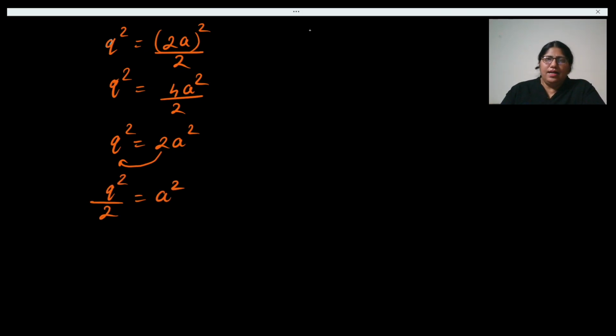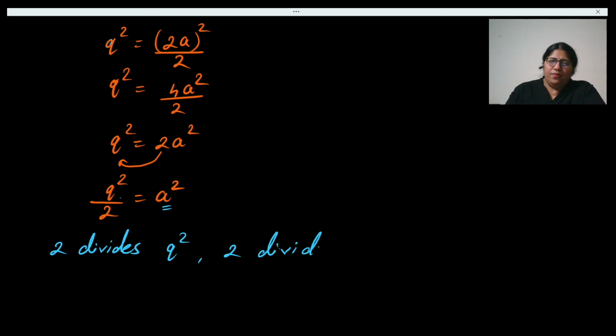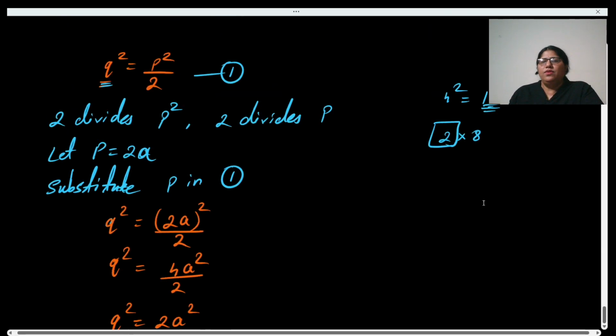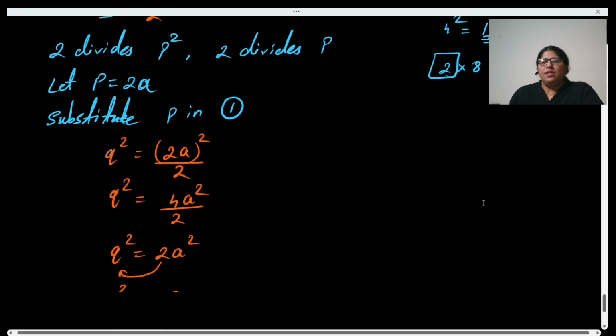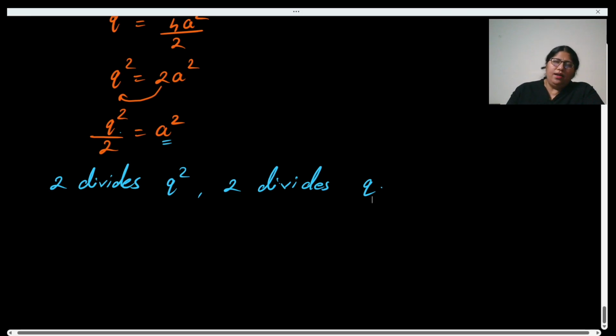Now you can see that again 2 is dividing q squared and you are getting a perfect square. That means 2 is a factor of q squared. Now what can you write down here? 2 divides q squared, it's a repeated term same as p, therefore 2 divides q as well. Now we can see that 2 is a factor of p as well as q, because 2 is dividing both.